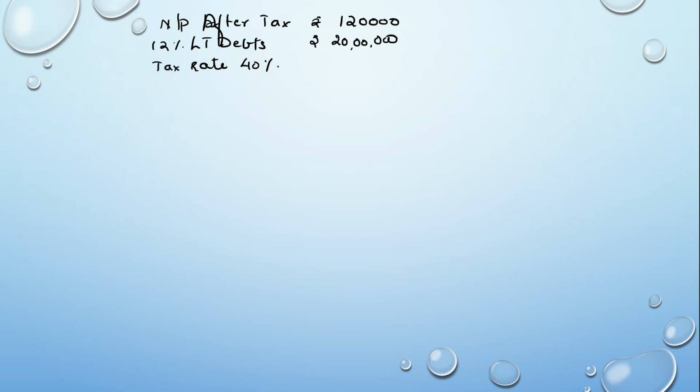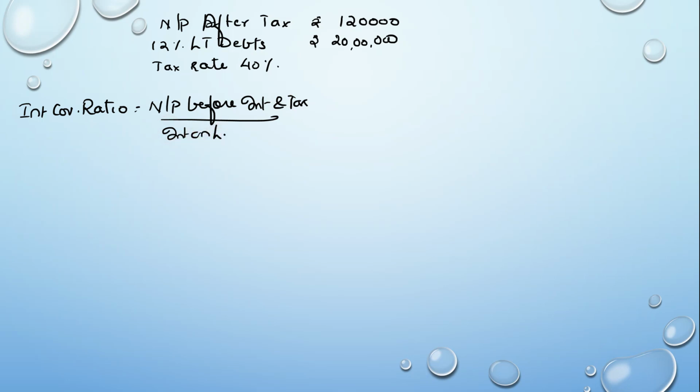Now we know the interest coverage ratio formula. What was the interest coverage ratio formula? It was net profit before interest and tax by interest on long-term debts. So we will calculate first the numerator. Now what are we supposed to calculate? Net profit before interest and tax.